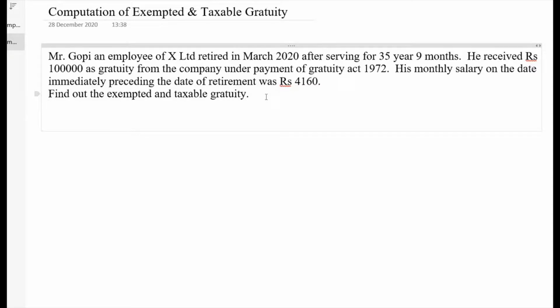In this problem we have been given the salary directly, so we need not compute the meaning of salary for the purpose of gratuity, because we have been given a consolidated salary of rupees 4,160.